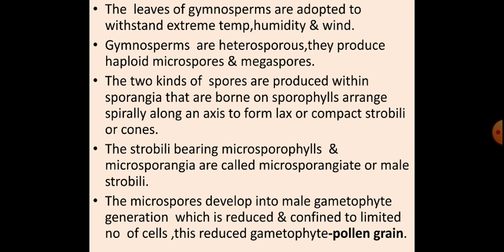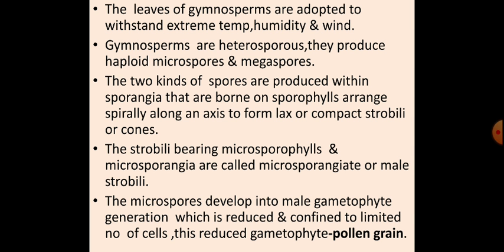So how are male and female gametophytes produced? The strobili bearing microsporophyll. What is strobili? Sporophyll will have a compact structure called strobili. This strobili will contain microsporophyll. Micro means small, small leaves, microsporophyll.